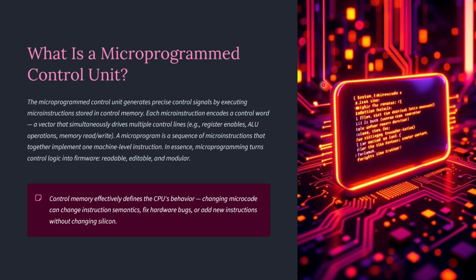Moving towards the next slide. What is a microprogrammed control unit? The microprogrammed control unit generates precise control signals by executing microinstructions stored in control memory. Each microinstruction encodes a control word, a vector that drives multiple control lines: register enables, ALU operations, memory read-write.